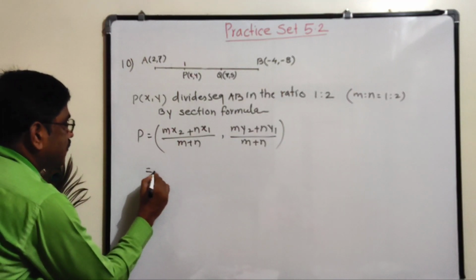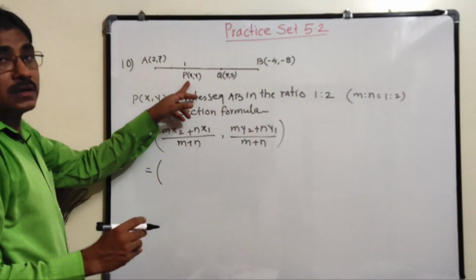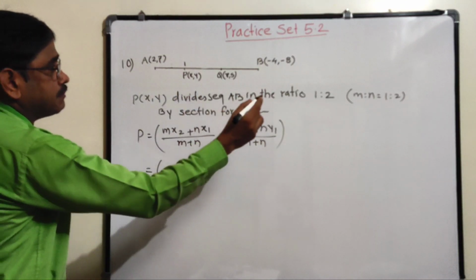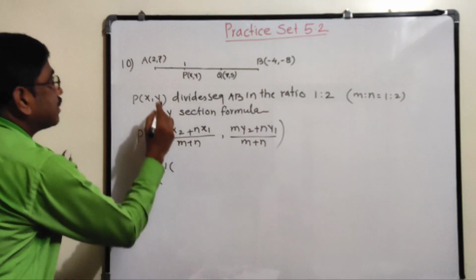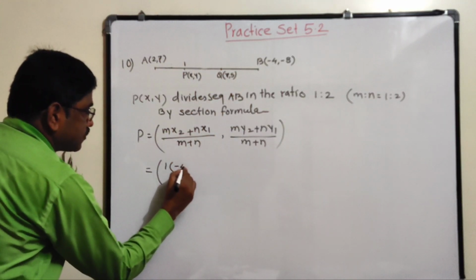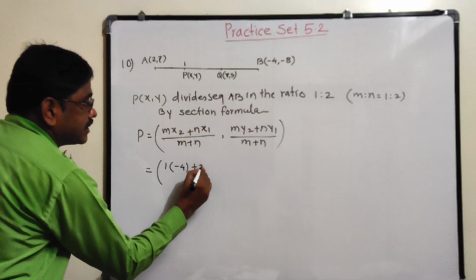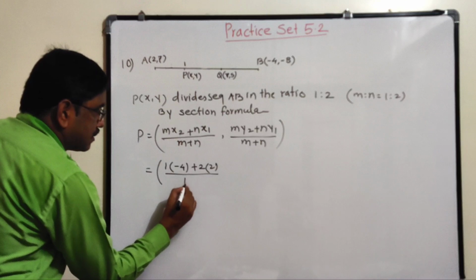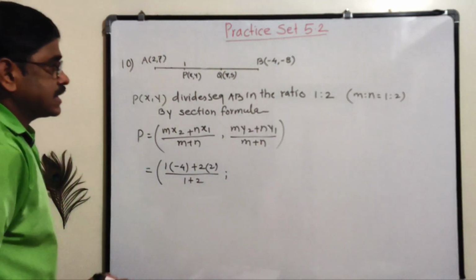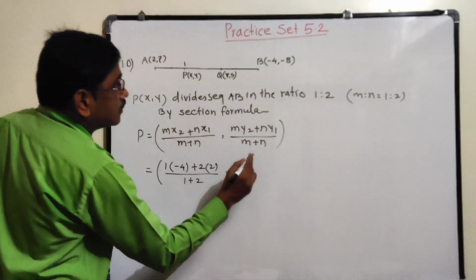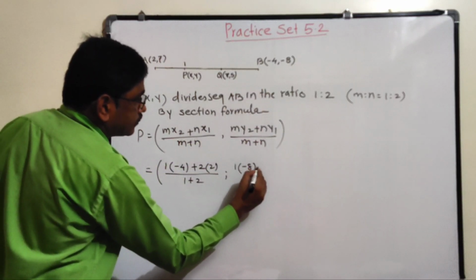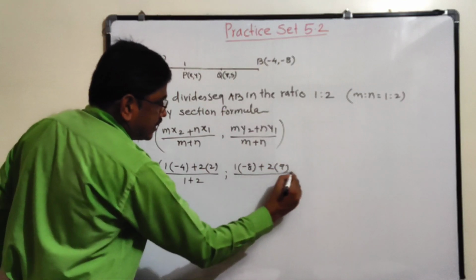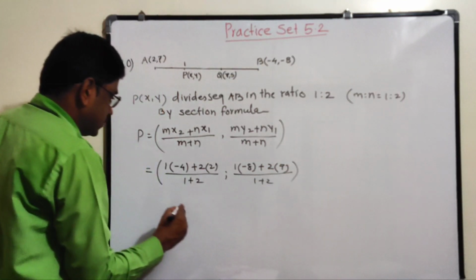So first we have to find the coordinates of P. M means 1 into bracket x2 minus 4, plus n means 2 into bracket x1 is 2, divided by 1 plus 2, m plus n. Second, m that is 1 times y2 minus 8 plus n times y1 7, divided by 1 plus 2. So simplify.